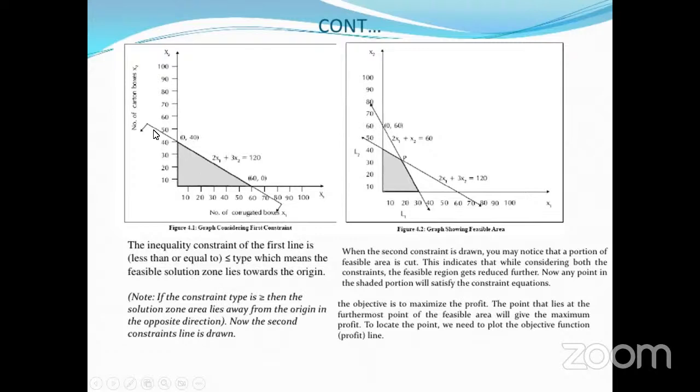You can see here the line of the first equation, that is 2x1 plus 3x2 equals to 120. So how did we get this 60 and 40, you may ask. This 60 on the x-axis and 40 on the y-axis, we get when this inequality equation is made into an equality equation.